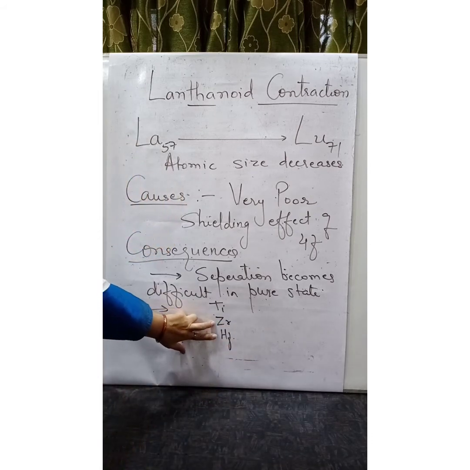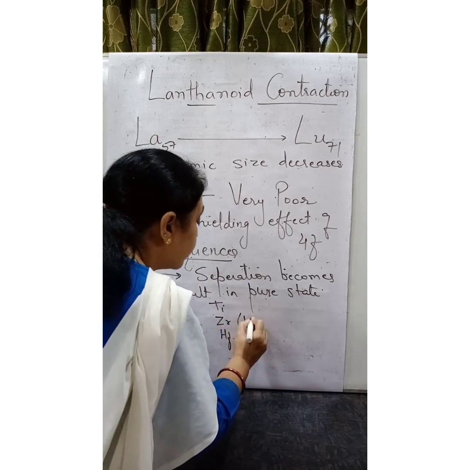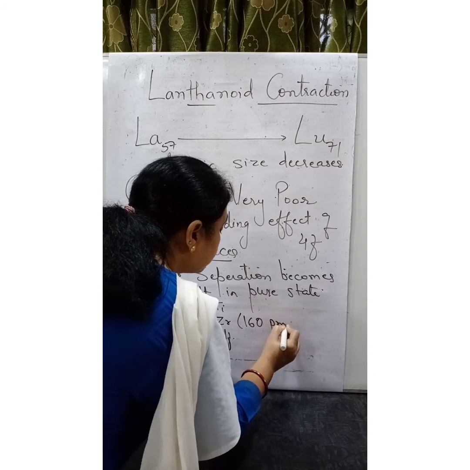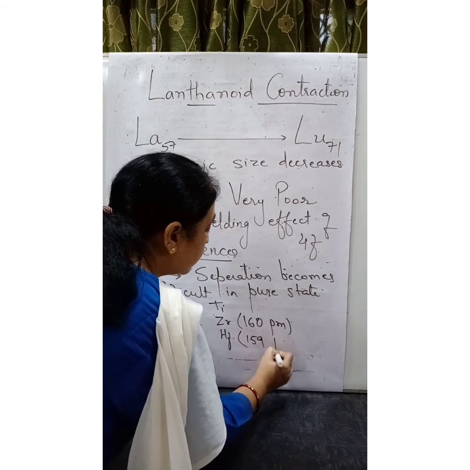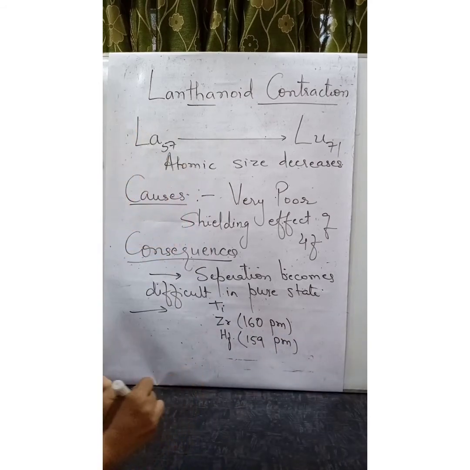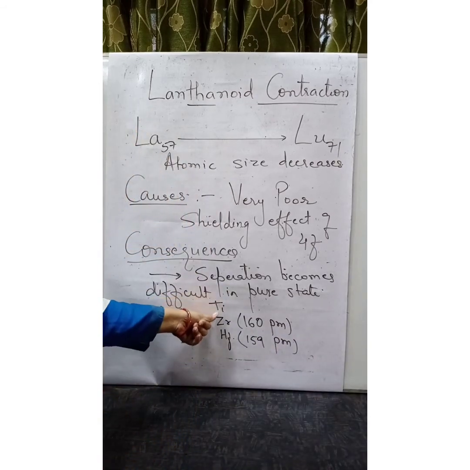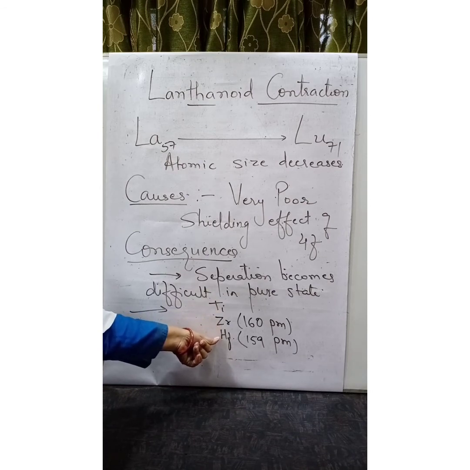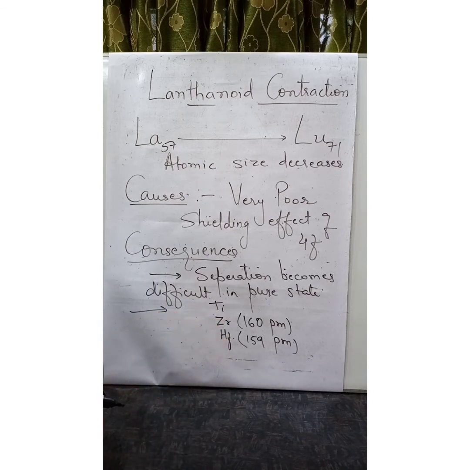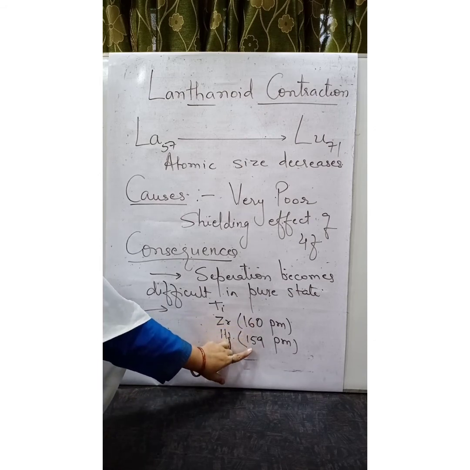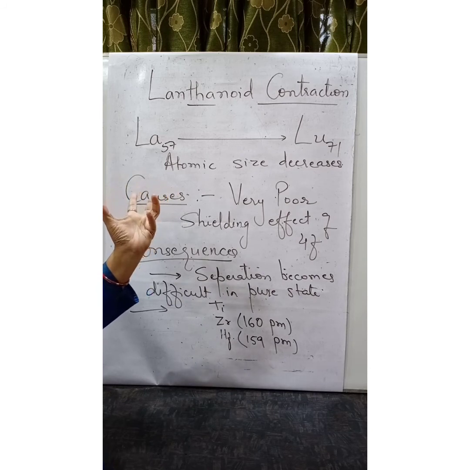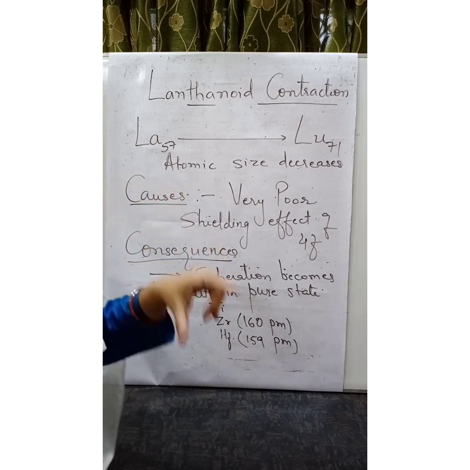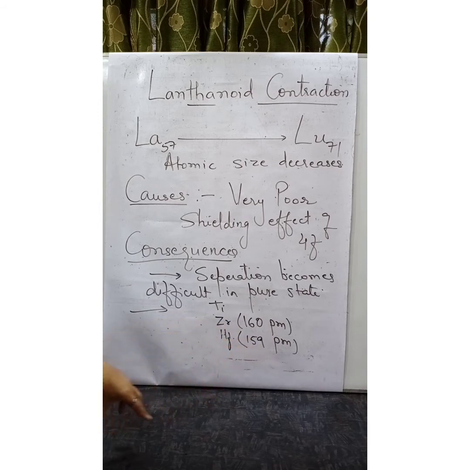You will notice that the atomic radius of zirconium is 160 picometers, whereas the atomic radius of hafnium is 159 picometers. We have already studied that as we move from top to bottom in a group, atomic size increases. But you can see here, the atomic size is decreasing. That means the effect of lanthanoid contraction is felt even beyond this lanthanoid series.